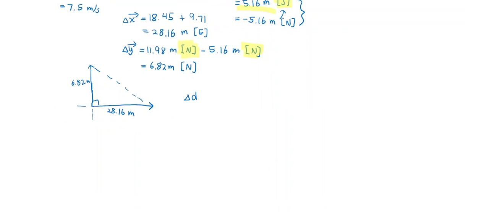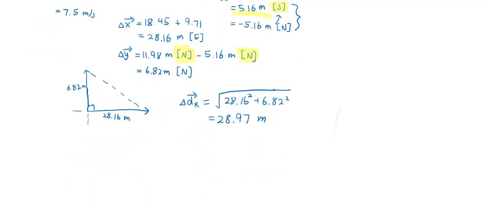So it's going to be delta displacement, r for resultant, and then just do Pythagorean theorem. This squared, 6.82 squared, and you should get 28.97 meters.